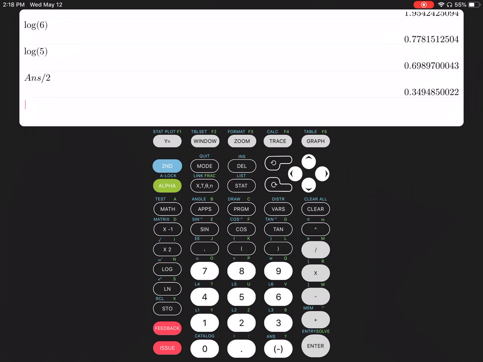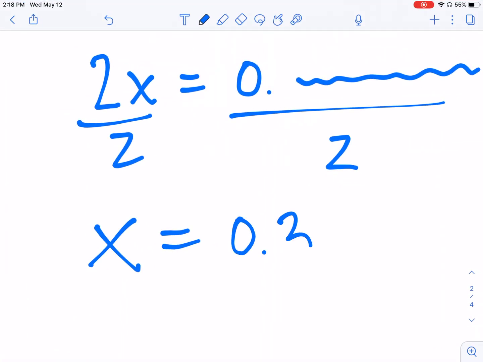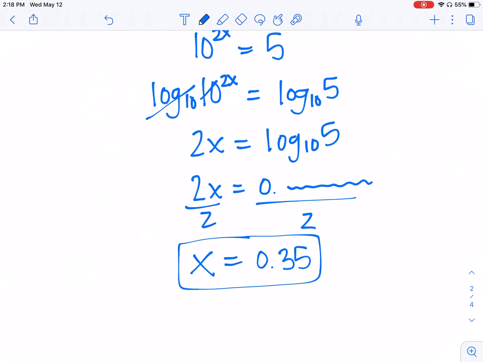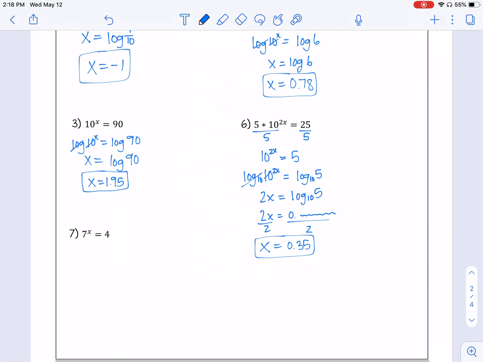And we're going to get 0.34. Let's just do 0.35. Okay, so 10 to the 2x equaling 5. So 10 to the 2 times 0.35, right, because x is 0.35, it's going to be equal to 5.